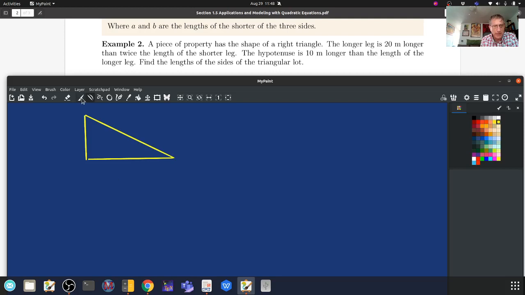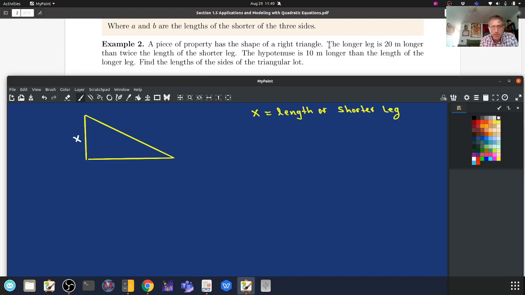The longer leg, which would be this one down here, is 20 meters longer than twice the length of the shorter leg. So let's let x be the length of the shorter leg. In my picture, that corresponds to this side right here.